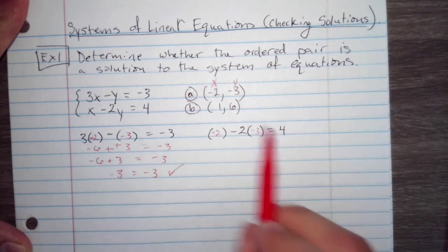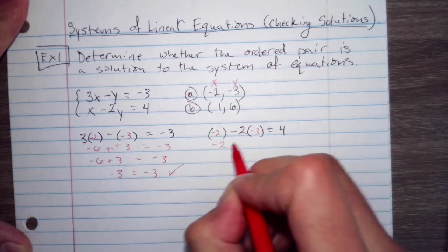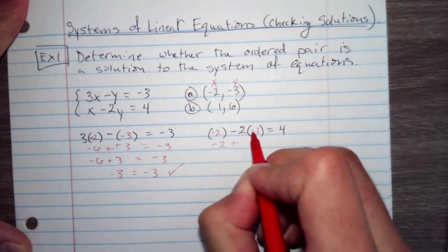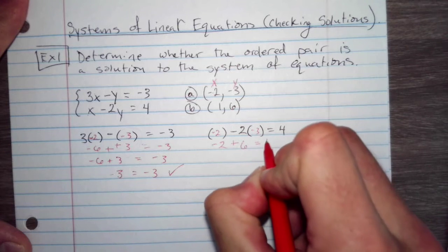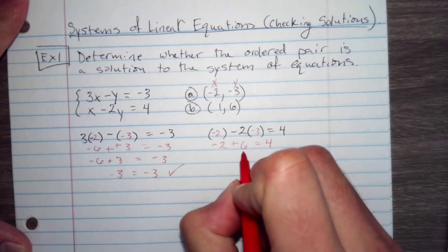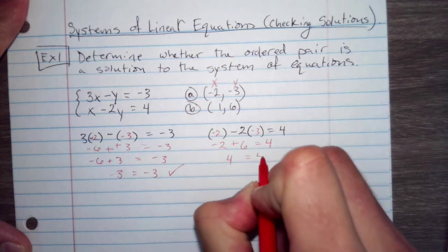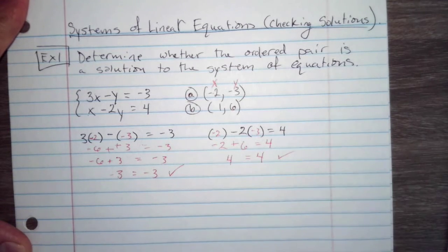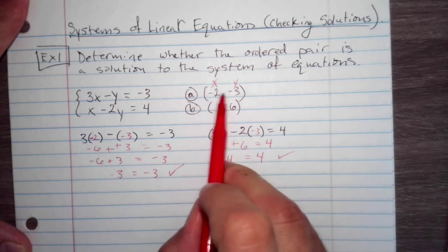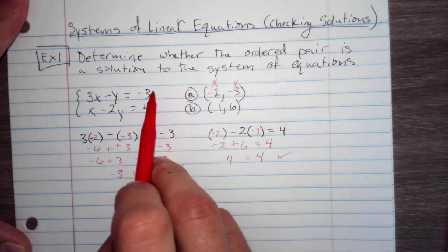The x comes first and then the y. So negative 2, this would be plus, because negative times a negative is positive, plus 6 equals 4. Negative 2 plus 6 is positive 4, and 4 equals 4.